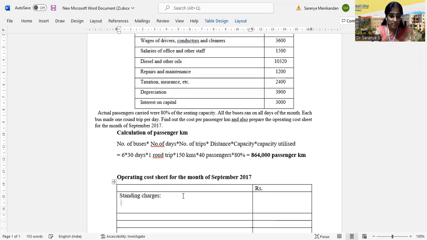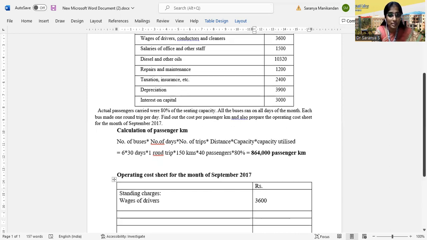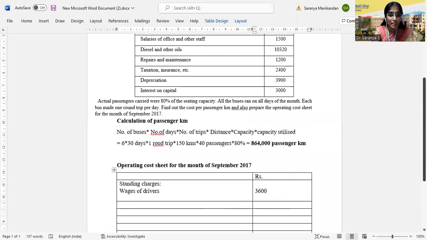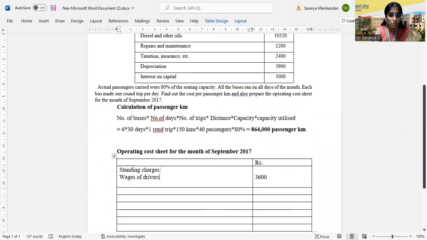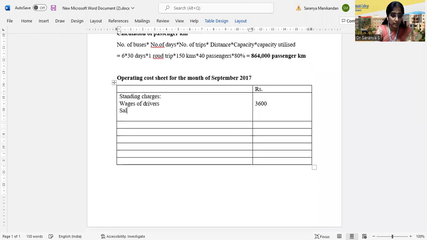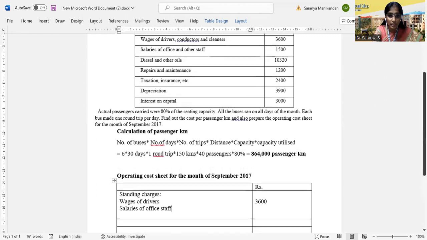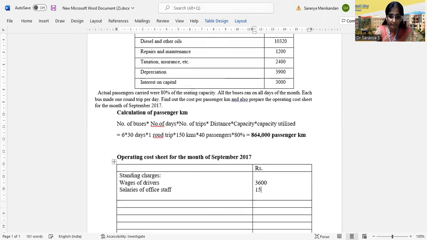Okay, so first item is wages. Wages of drivers, conductors, and cleaners. How much is given? It is given as 3,600. Next item, we have salaries of office staff. How much is given? Is given as 1,500.